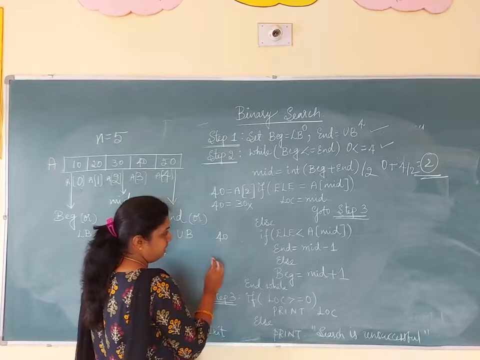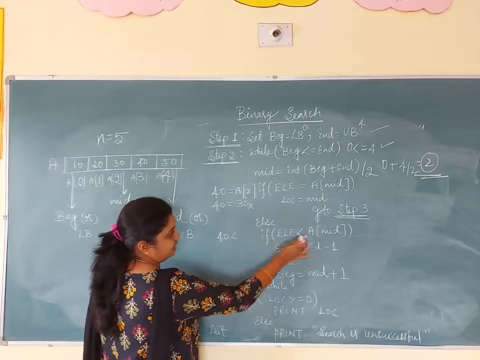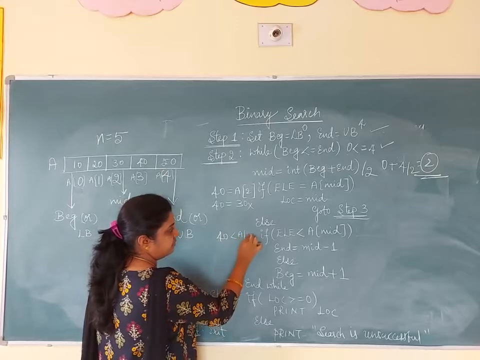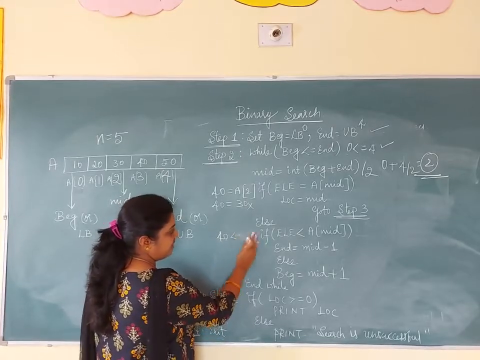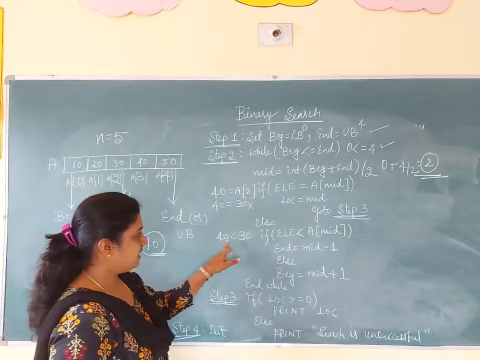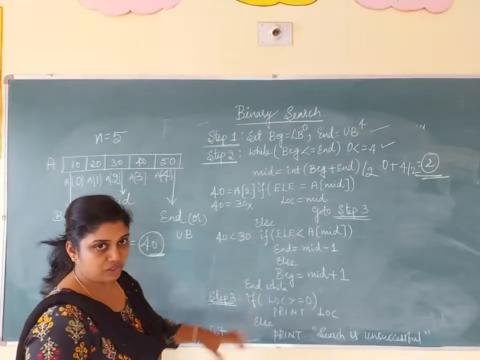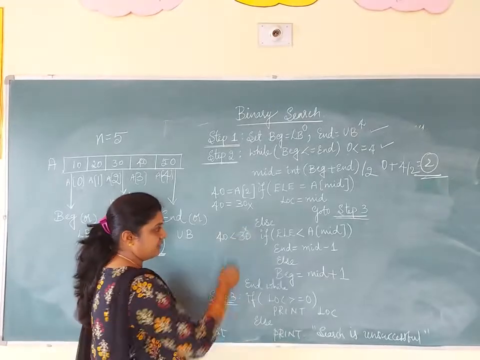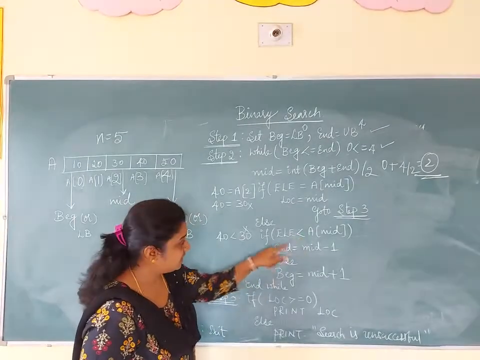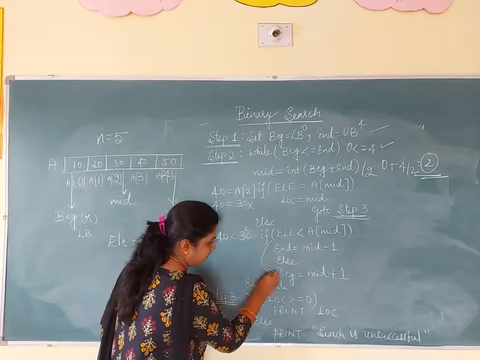That is 40 is less than A of mid. A of mid means A of 2. In A of 2, which element do I have? 30. Okay, 40 is less than 30? No, 40 is not less than 30. The condition is false. If the condition does not satisfy, it will come to the else part.